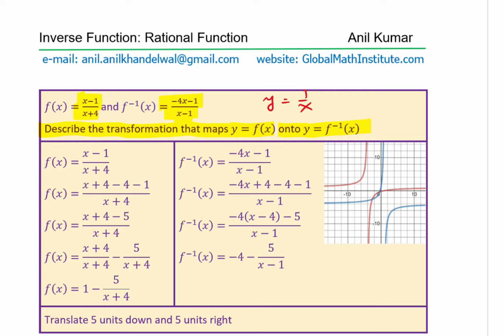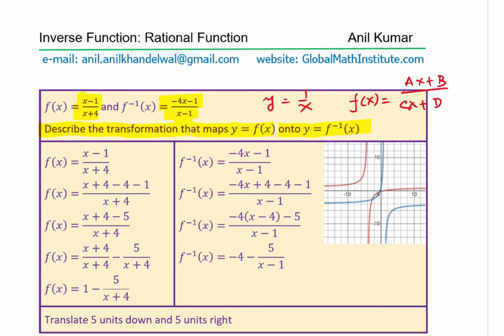So how do we write the transformation with y equals 1 over x for a rational function? So the idea here is to rewrite the function. If you have a function of the form, let's say we have a function f of x equals ax plus b over cx plus d.